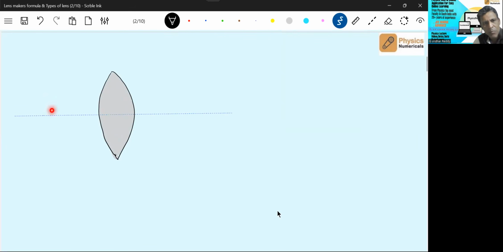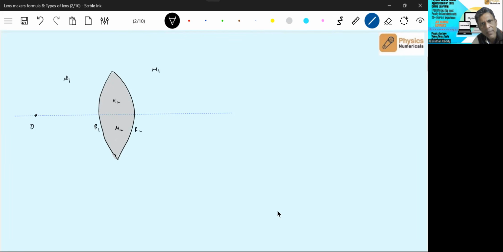Okay, we have kept an object here. Let the refractive index of the lens be mu2, that of the surrounding medium be mu1. Radius of this surface be r1. A real object is kept. We know the rays emitted first will undergo refraction.